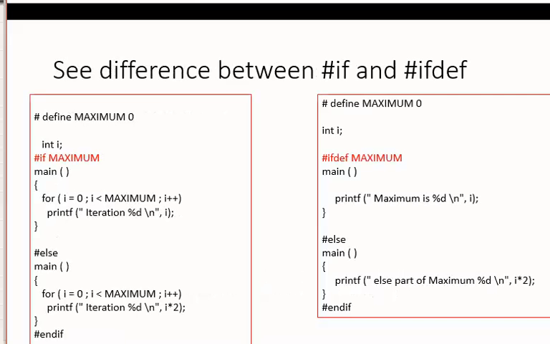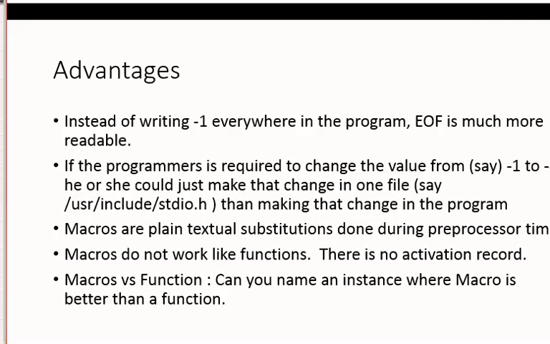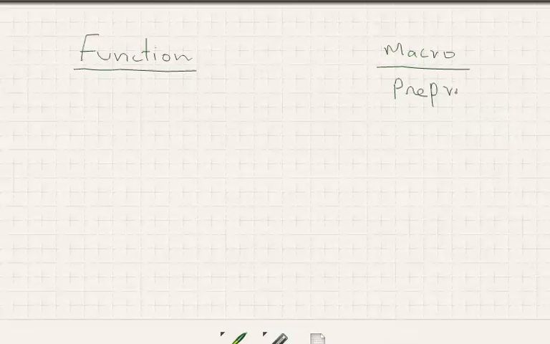Here there's a question I asked you. What is the difference between a function and a macro? Okay, so the difference between a macro and a function. A macro runs at the preprocessor stage, and a function runs at runtime. We all know that, right?